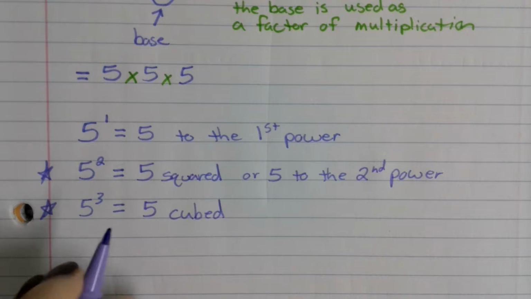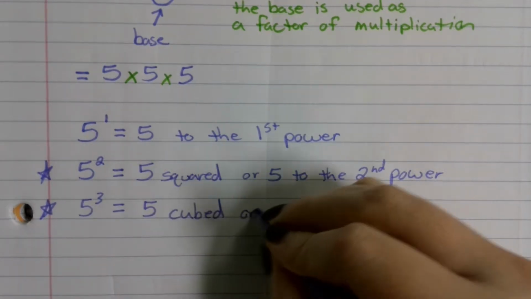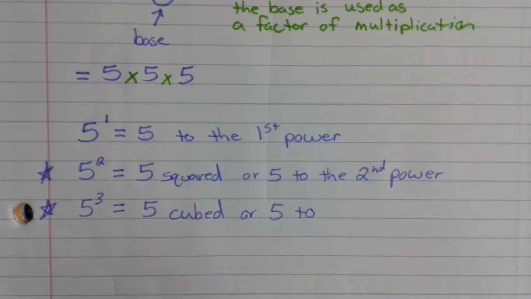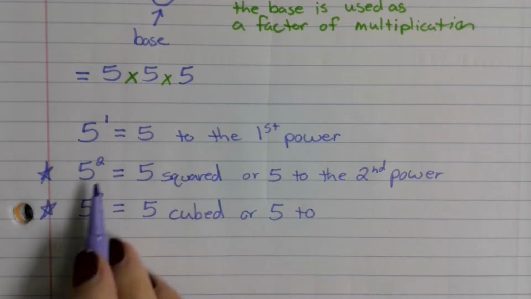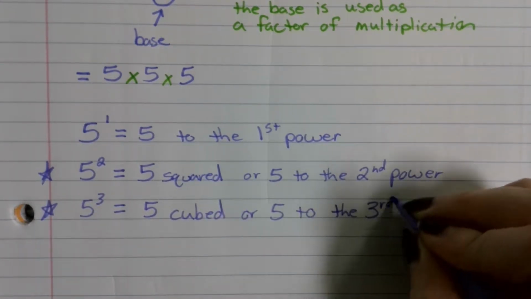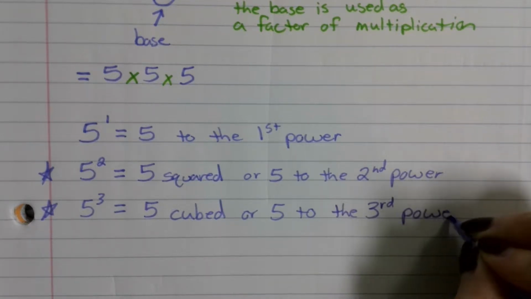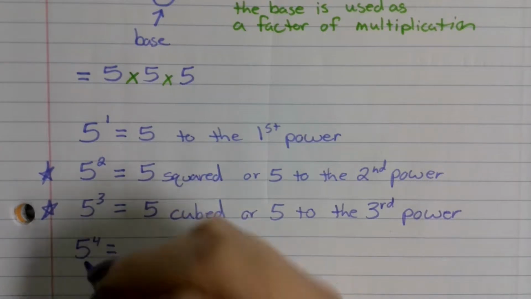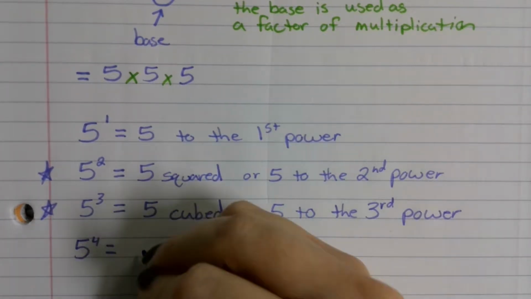So you've got squared and cubed for those exponents. You can always say your base to this power: first power, second power, third power, 50th power. It doesn't matter. But you need to be aware that if we say squared or cubed, that's what it means. Those are the only two that have two ways to be phrased. Everything after that is always going to be to the blank power.